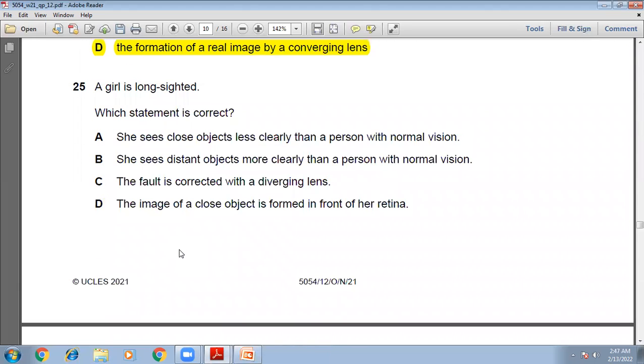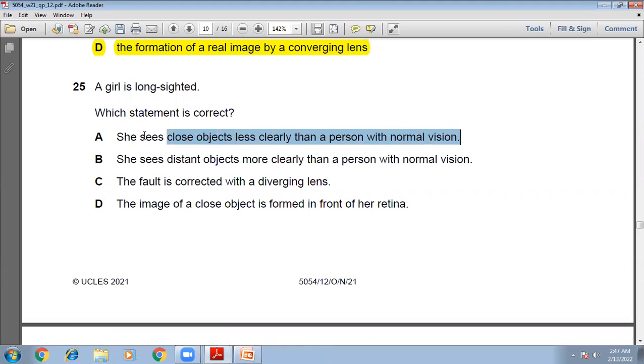A girl is long-sighted. Which statement is correct? Whenever somebody is long-sighted, he can see the distant objects clearly, but the objects which are close to his eyes, he is not able to see them clearly as compared to a normal person. So she sees close objects less clearly than a person with normal vision.